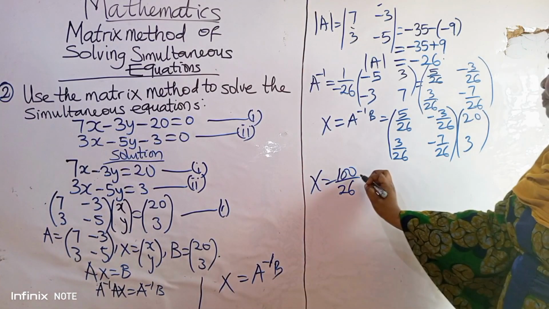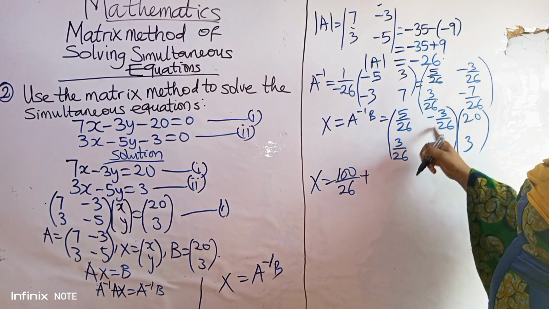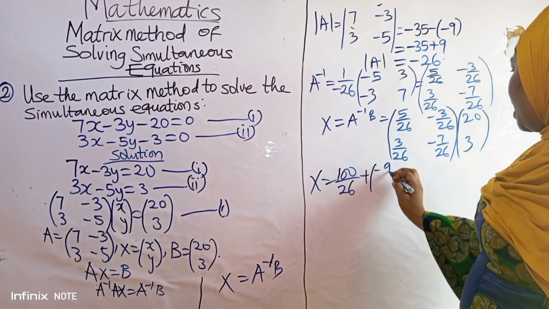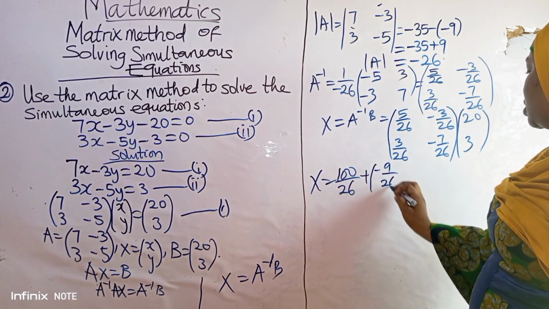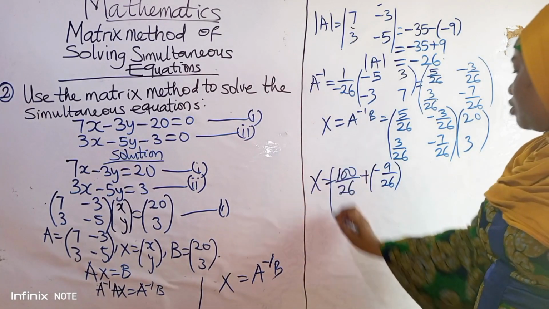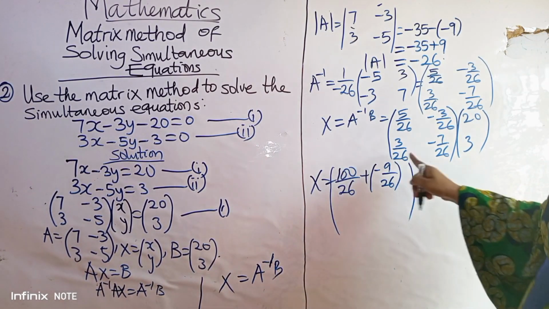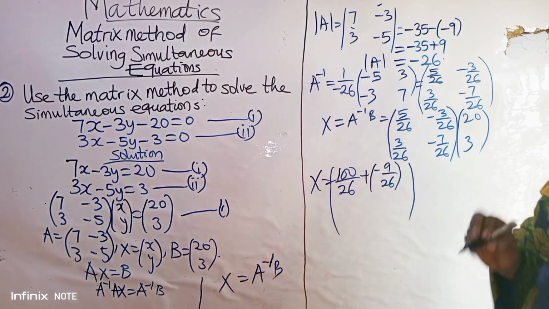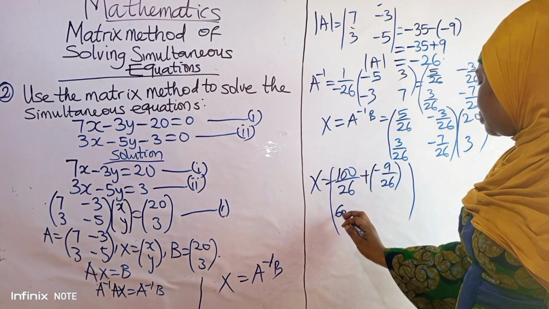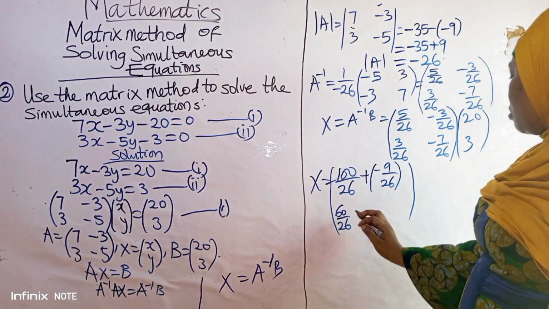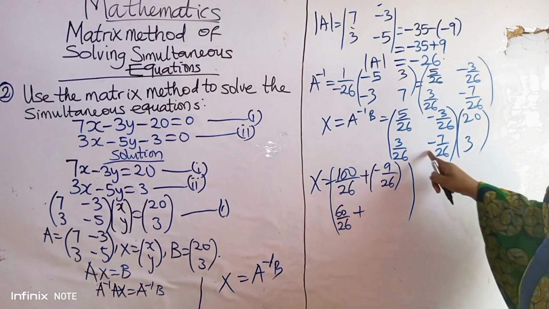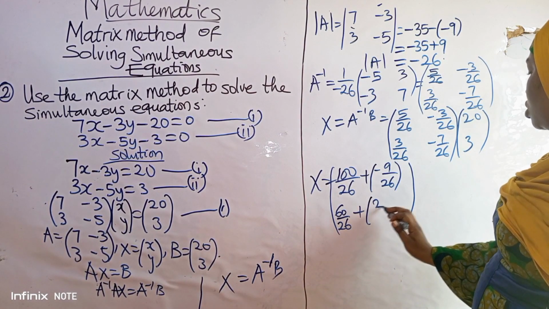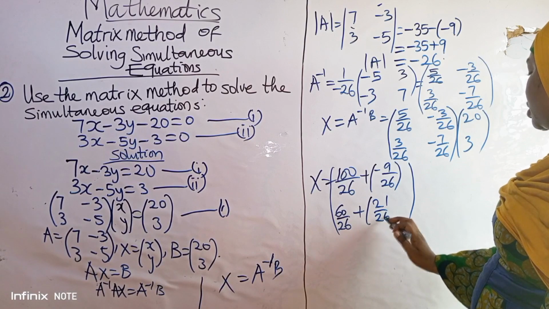Then plus minus 3 over 26 multiplied by 3 gives me minus 9 over 26. Then here, 3 over 26 multiplied by 20 gives me 60 over 26, plus minus 7 over 26 multiplied by 3 gives me minus 21 over 26.